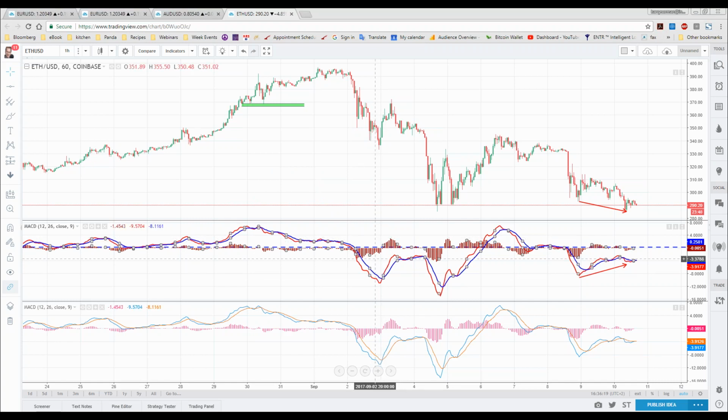The histogram is a bar chart. See the bars going up and down? The histogram is the explanation of these two lines above. It is the difference between the two lines, the MACD signal line and the MACD line.